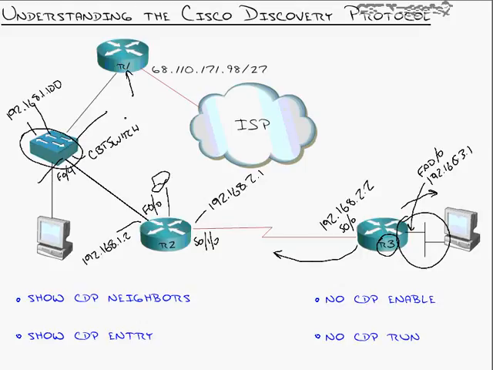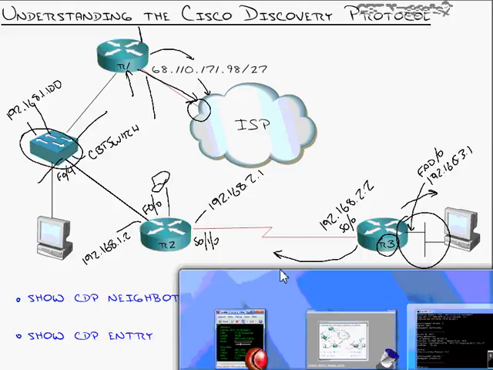Router 1 is running CDP, and it's running CDP to the internet, meaning that once every 60 seconds, that's the default timer, it's sending out a broadcast to the internet saying, hello, here I am. I am CBT router, and this is what IOS I run, this is the version, this is my IP address, all that sensitive information. So I might say, well, I don't want that going out to the internet. Oh, sure, only the ISP is going to get it because CDP is a broadcast, and they're probably not going to care. But still, for security reasons, I want to make sure it only runs inside of my company.